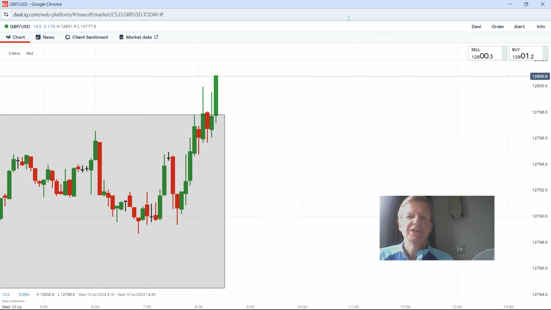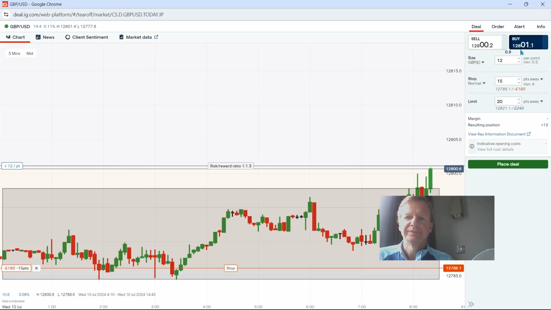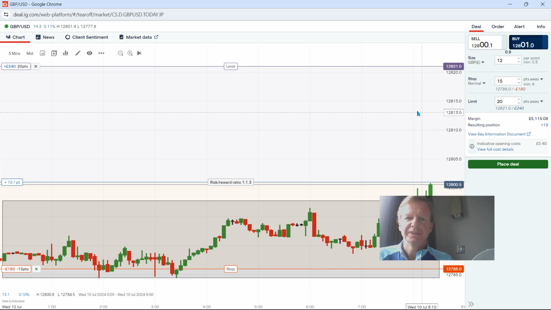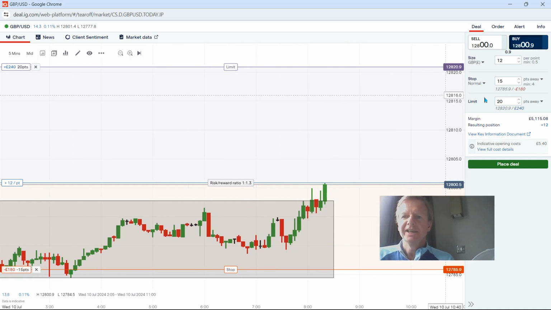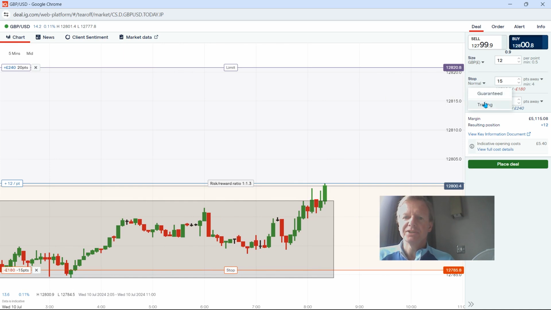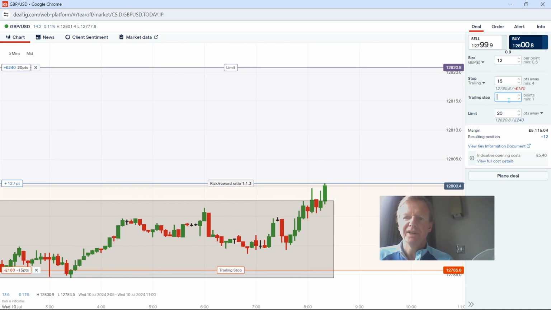And what I do is I literally go on here, I click on the buy, and it will show me my limit, which is up here, which looks a long way. And then a stop, I set a trailing stop. So I put 5 in here. Okay, it tells me the margin I need, £12 a pip.